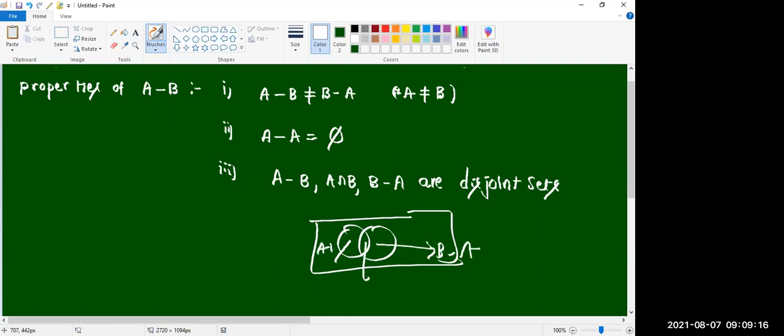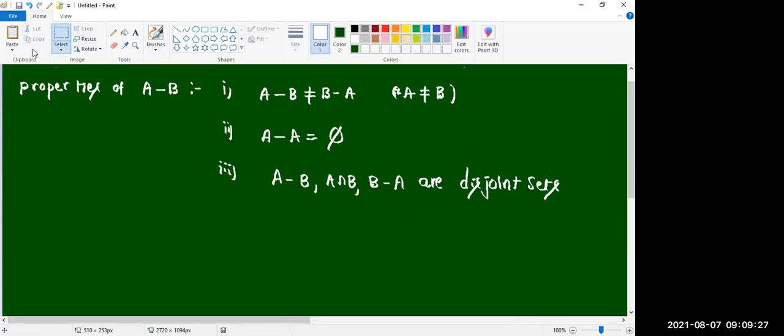This is A minus B, this is A intersection B, this is B minus A. These 3 sets are disjoint sets. No common elements are there in them. Common elements not possible. We'll discuss this later also.